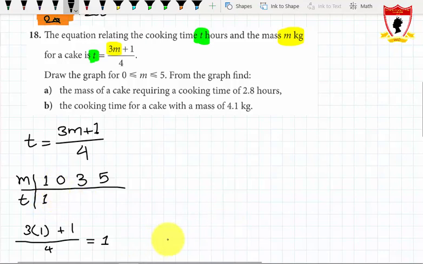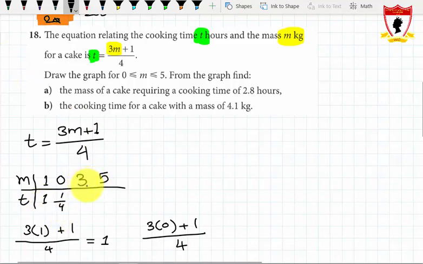Now for 0, we have 3 times 0 plus 1. 3 times 0 is 0, plus 1 is just 1. Divided by 4 is 1 over 4 or 0.25. Both are acceptable.